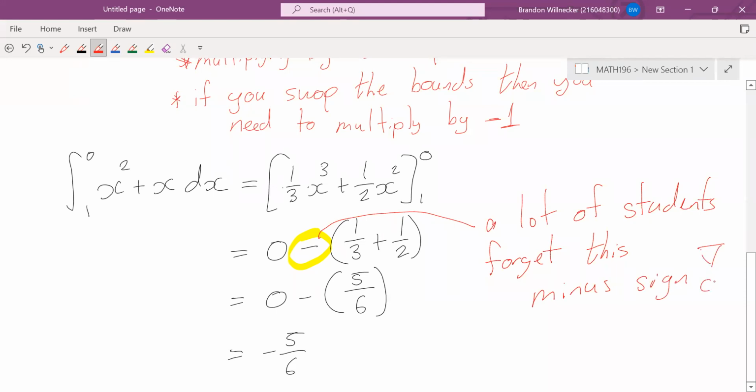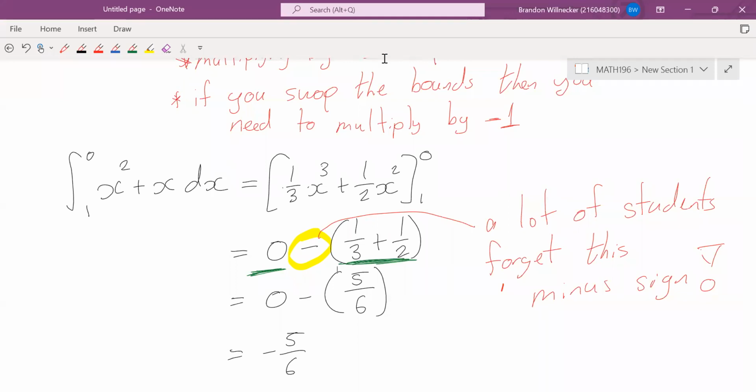And that's a big problem, because remember, it's the antiderivative evaluated at the upper bound minus the antiderivative evaluated at the lower bound. A lot of students see that the upper bound is 0, so you put down 0, then minus the lower bound, but then on the next line, that minus sign is missing. I've noticed that in a few things, and there's a problem with that. You can't forget that.